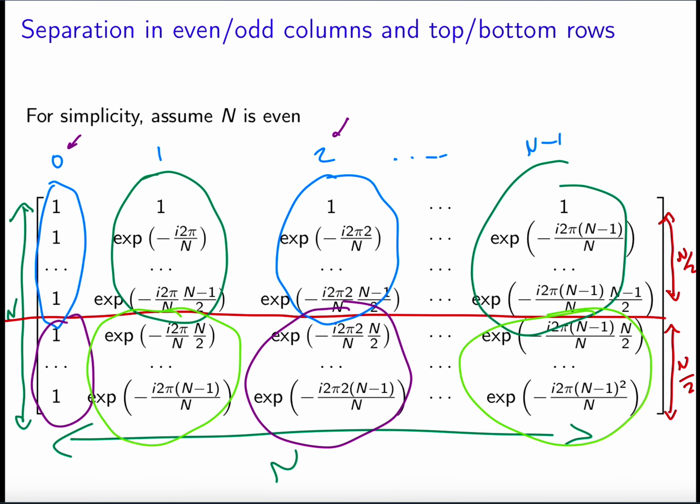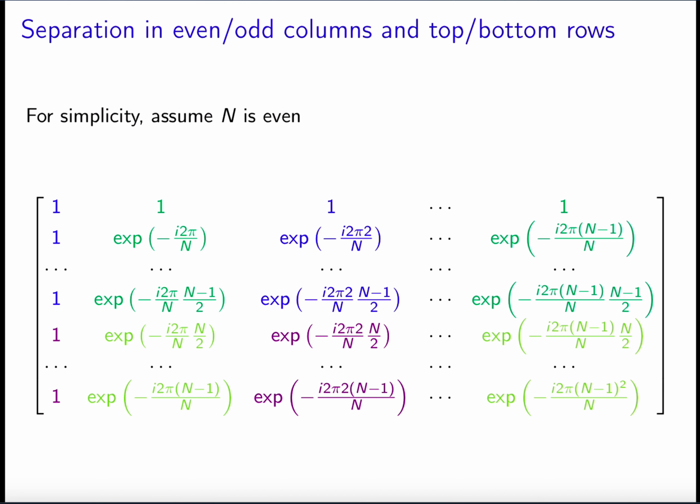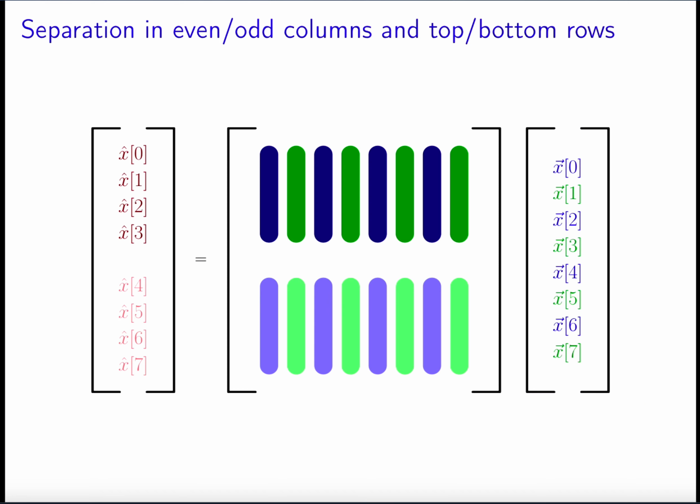Okay, so I've divided the n times n Fourier matrix into 4 submatrices that I've colored here to make it clear. I'm assuming, by the way, that n is even, so I have the same number of even columns as odd columns. This is just for simplicity.